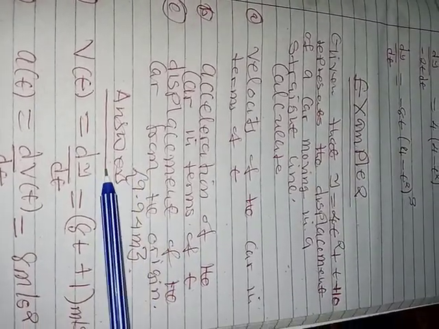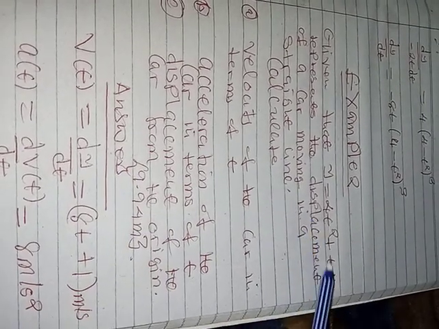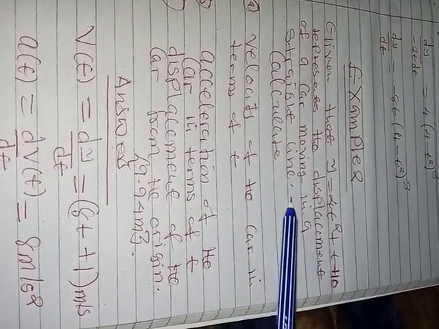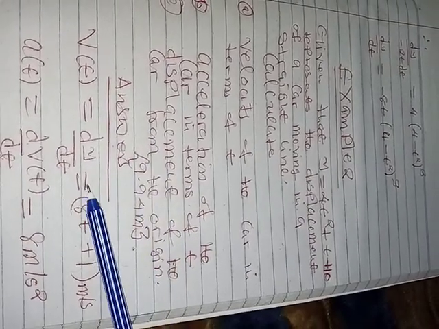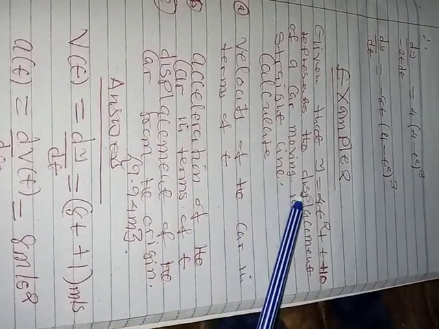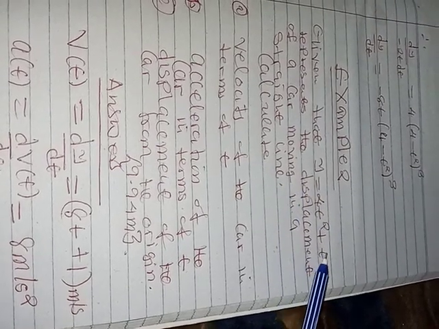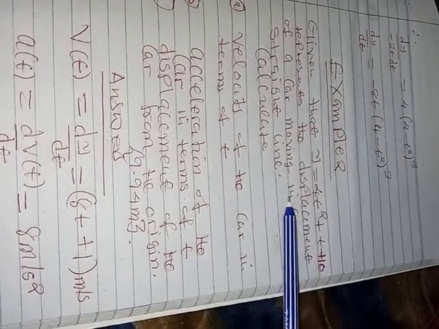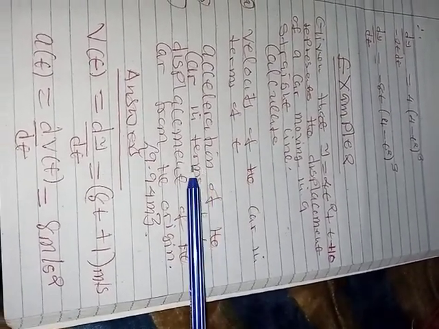To find our displacement, this is the displacement function, but now they are saying at this point, when this car stopped, find the distance that was covered. So what we are going to do is that, when a car has reached its maximum point, or let me say it has stopped moving, meaning that the velocity, not displacement, velocity function will be equal to 0.